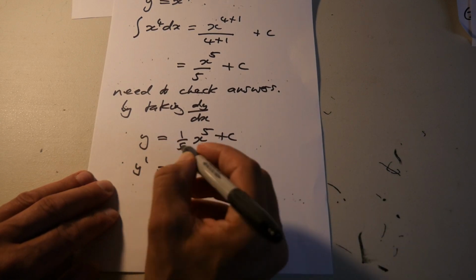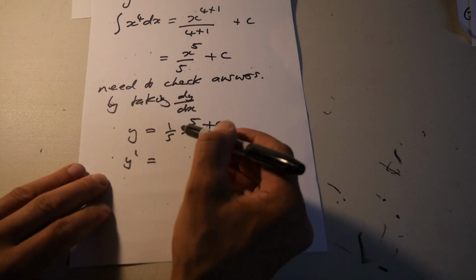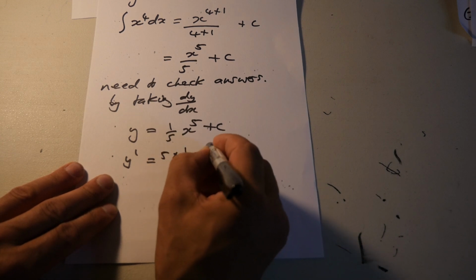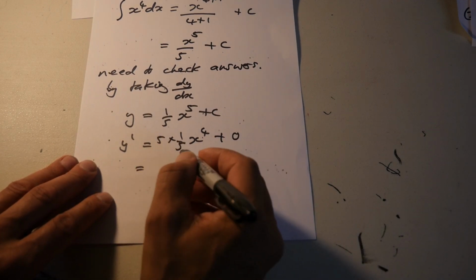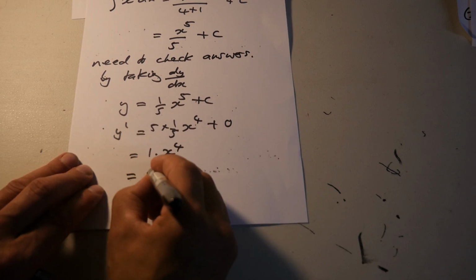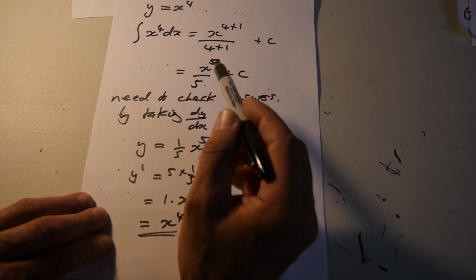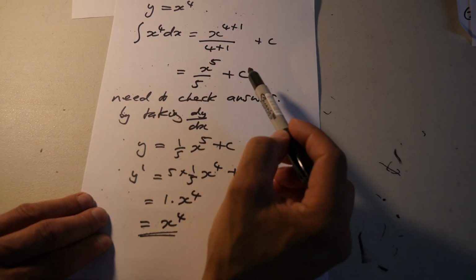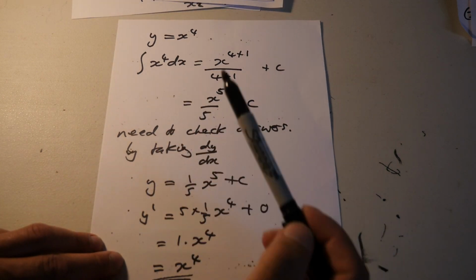So y dash equals, using the formula, the 5 comes down, so you get 5 times 1/5 x to the 4th plus 0. 5 times a fifth is 1, which equals x to the 4th, okay? So that's a check. Always differentiate after you've integrated, because you don't know if it is correct. If it's correct, you'll get back the original equation.